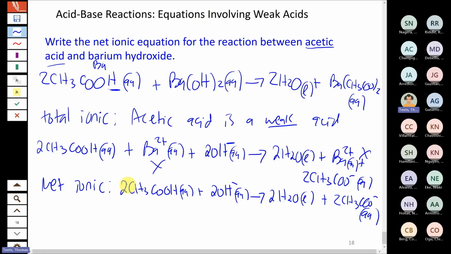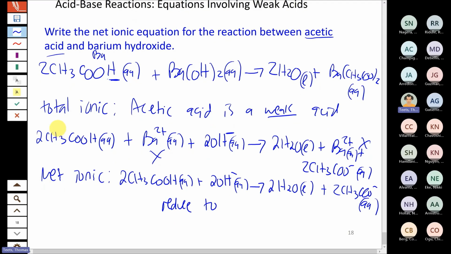You notice that in our net ionic equation, everything has a coefficient of 2 in front of it. So it is sometimes possible to reduce that down, because if all the coefficients are 2, we can remove them and balance with just coefficients of 1, reducing to the smallest whole number coefficients. Occasionally that'll happen when you're putting a net ionic equation together. If you do it this way, you'll get an equation that is reducible.